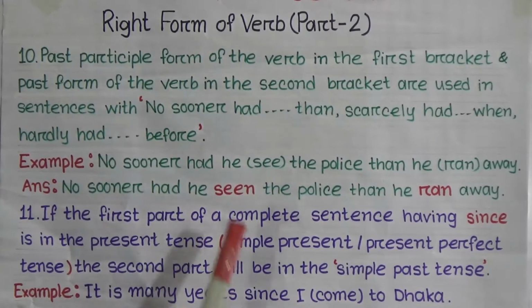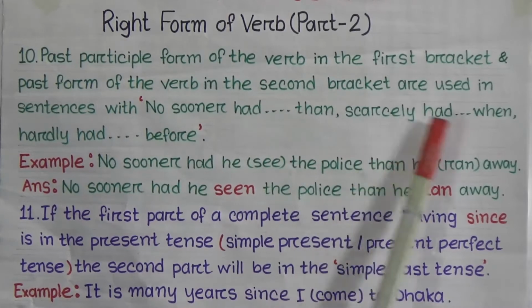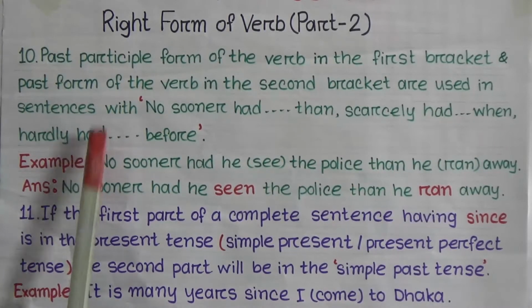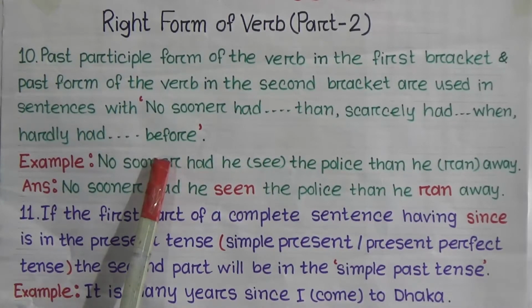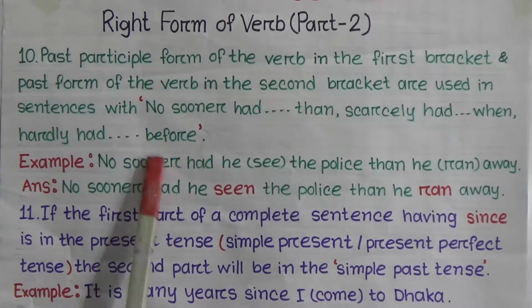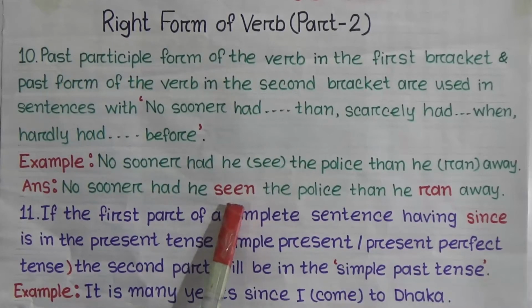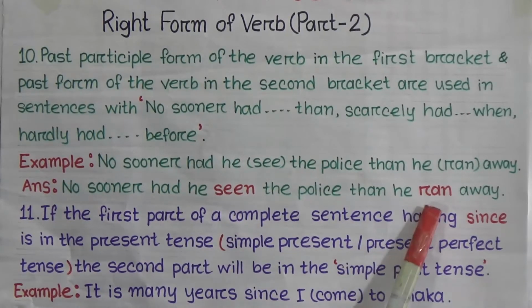So if we find any sentence with this, we have to use the past participle form of the verb in the first bracket and the past form of the verb in the second.